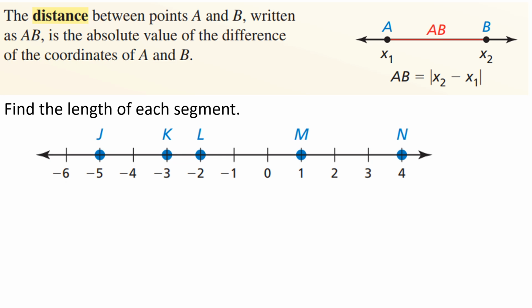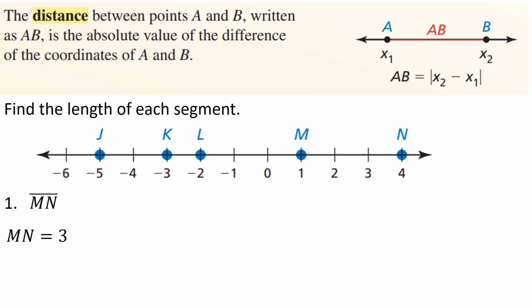All right, so let's do a couple of examples here. We want to find the length of each segment. First up, segment MN. Oh, it looks like distance would be 3.